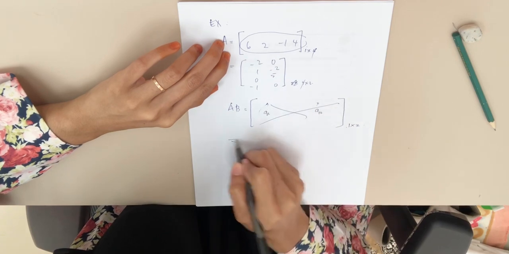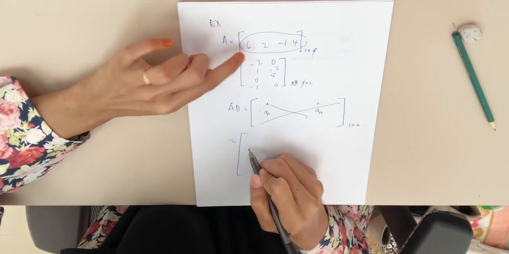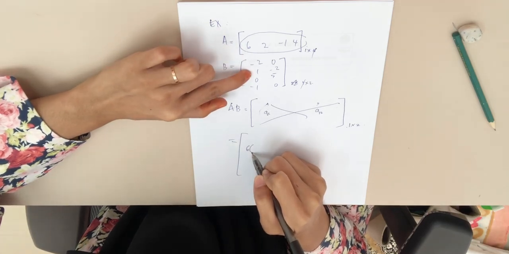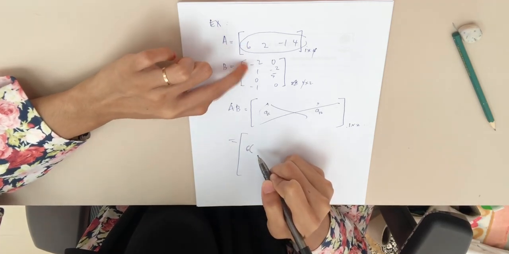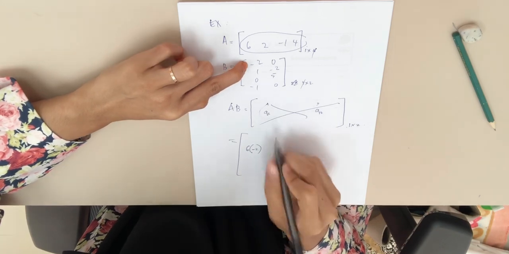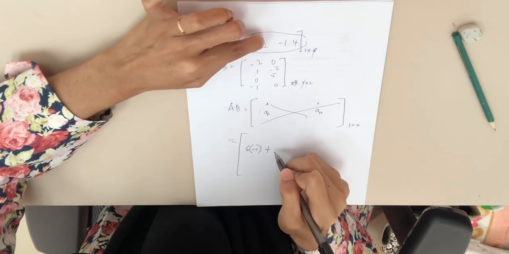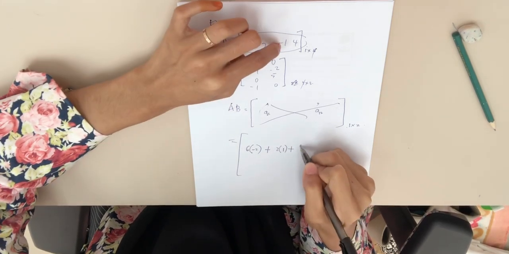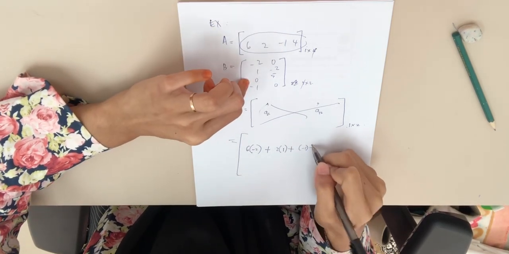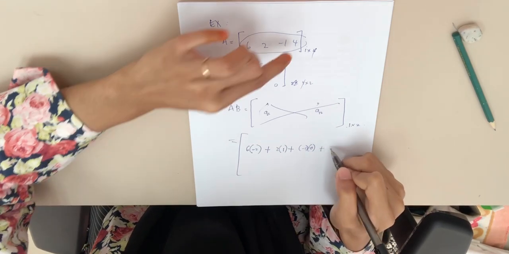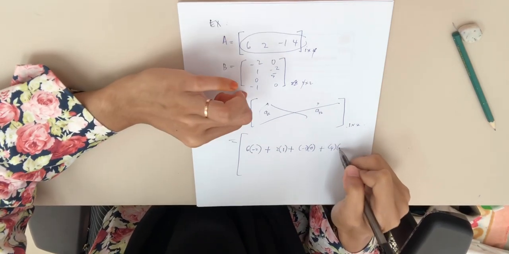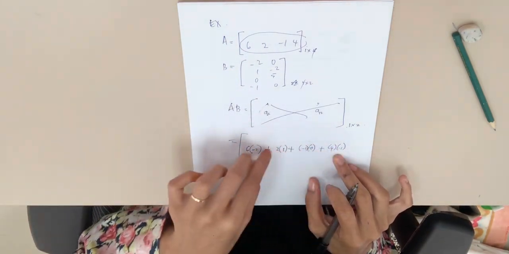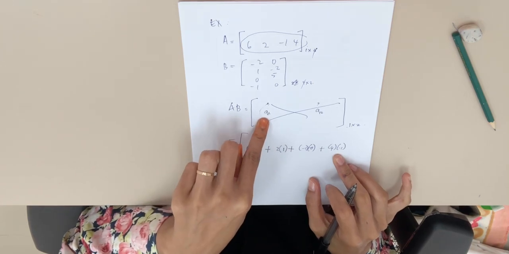You take the first one, 6, and then we multiply with the first column. 6 times -2, and then plus 2 times 1, and then plus -1 times 0, and then plus 4 times -1. So this is the number for A11 just now.